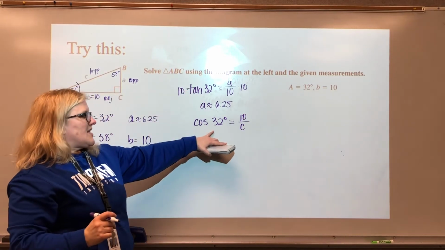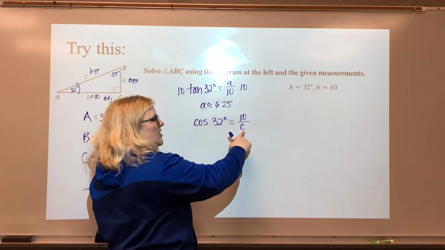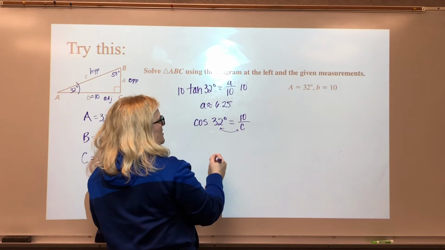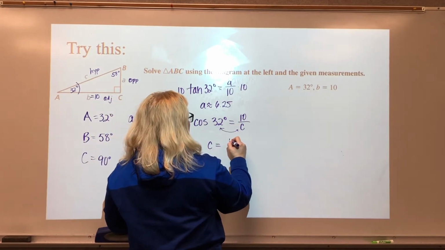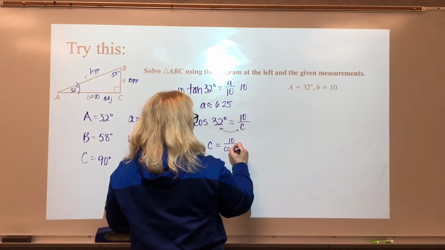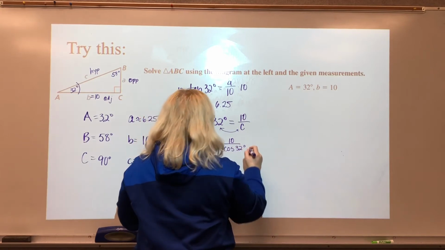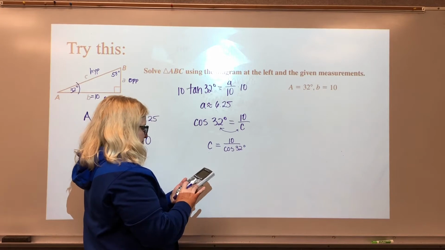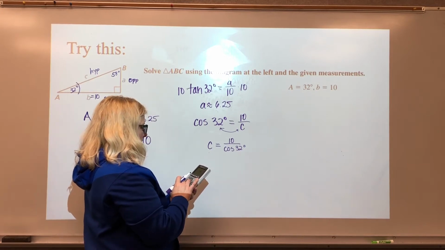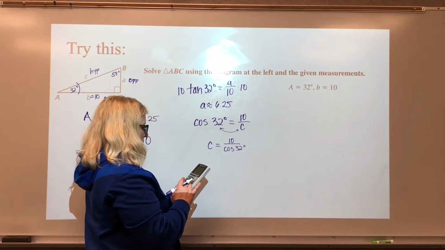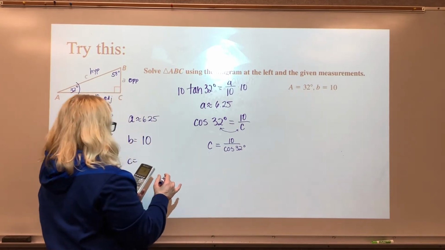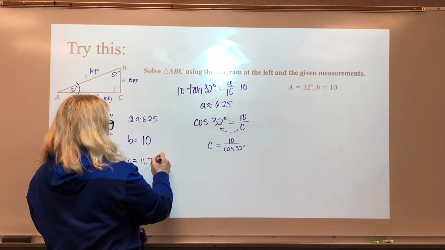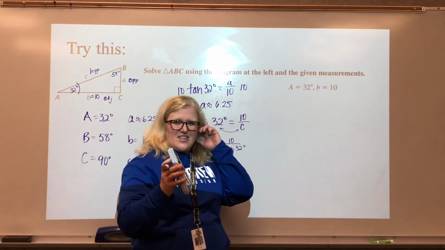And remember what I said in the last video, when you have a variable in the denominator here, you can just exchange these. So C is 10 over cosine of 32 degrees. And when I put that in my calculator, I have about 11.79.